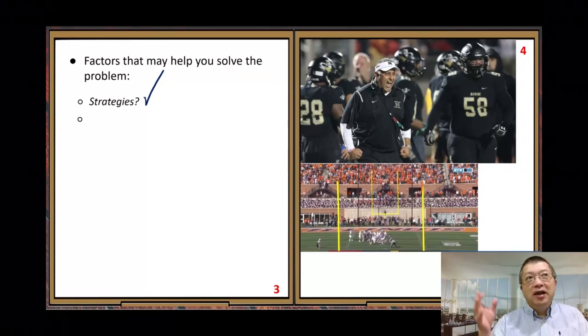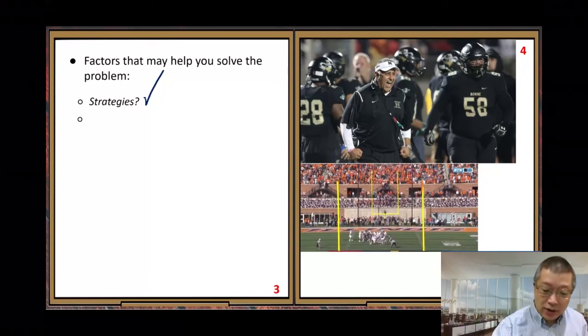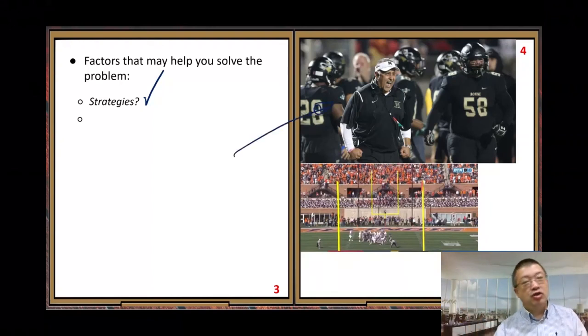Can you imagine what factor is important here? There is a factor. It is very important. But definitely it's not strategy, right? Because the strategy at this point, you already applied a lot. Here I put a coach picture, the coach team.